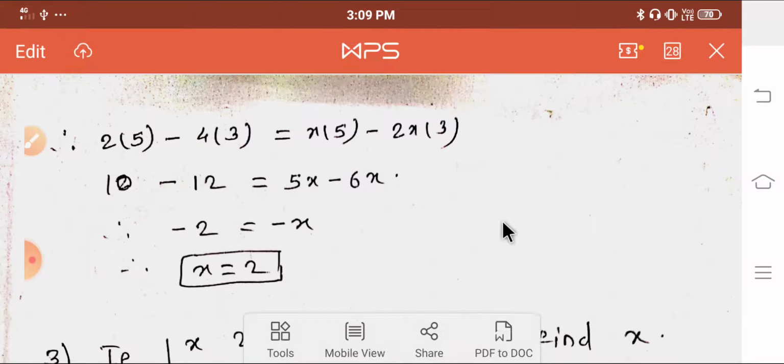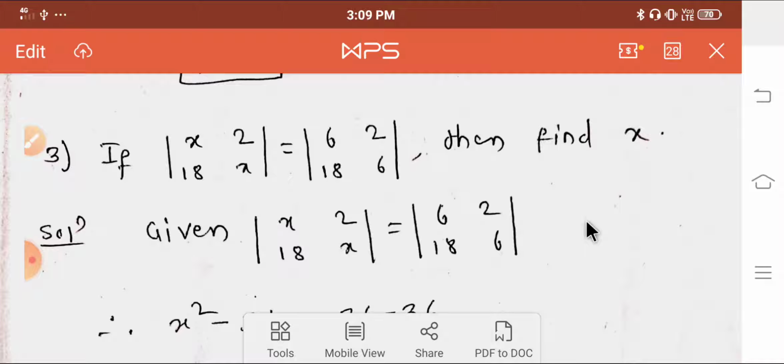The next example is: if the determinant |x 2; 18 x| equals the determinant |6 2; 18 6|, then find x.